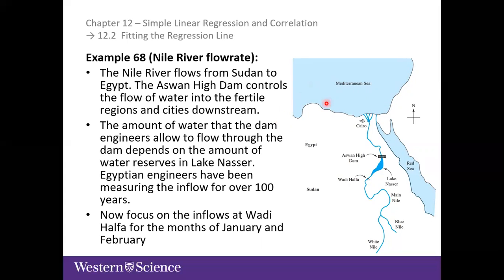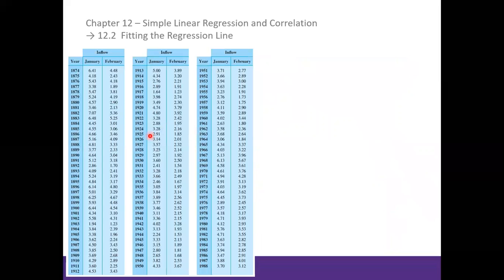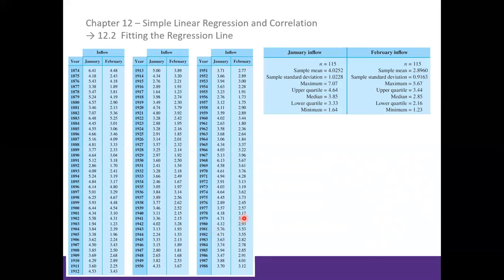Essentially we have the flow rate in the river in January and also in February, and how the flow rates in the 2 consecutive months depend on each other. We have all the data from 1874 to 1988, so more than 100 years. And then we can calculate various statistics based on the data.